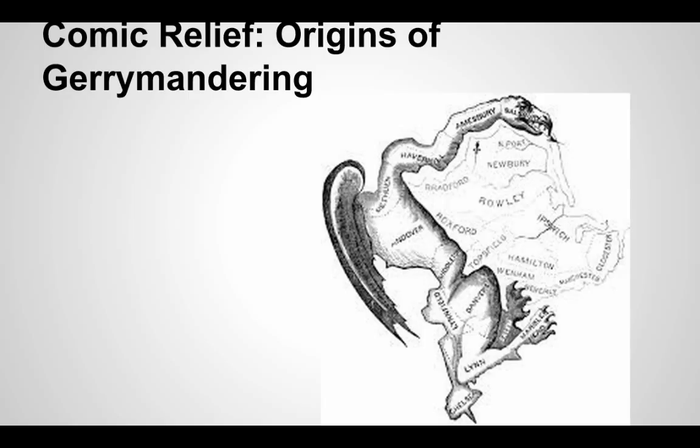While serving as governor of Massachusetts in 1811, Elbridge Gerry oversaw the redistricting of the Commonwealth to favor the Jeffersonian Republicans. The reformulation of the Essex district was so egregious that it was said to resemble a salamander with a long, thin trunk and protrusions at the end. In fact, when one person saw it, they said, "That's not a salamander, it's a gerrymander."